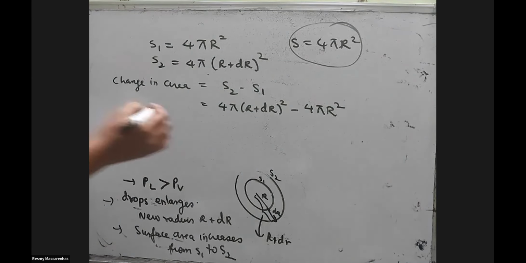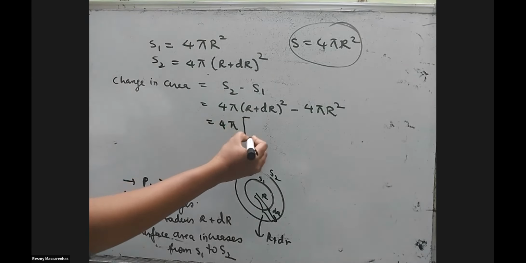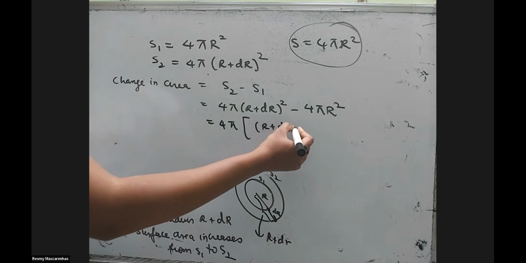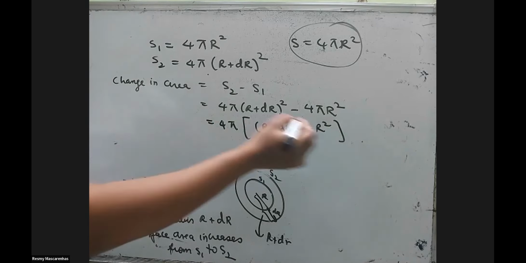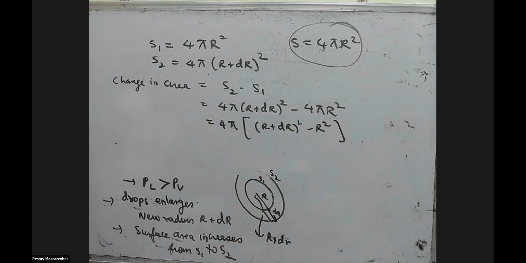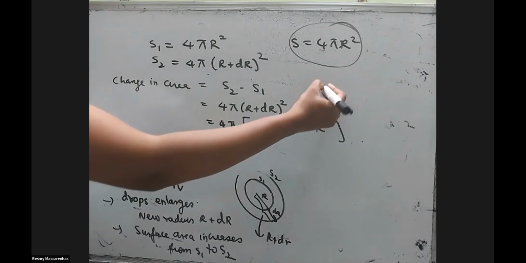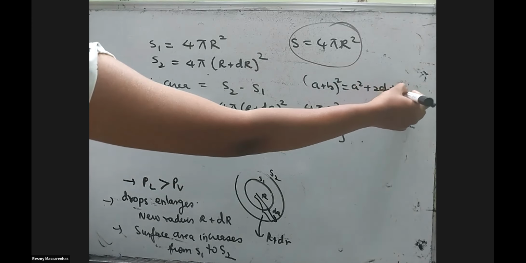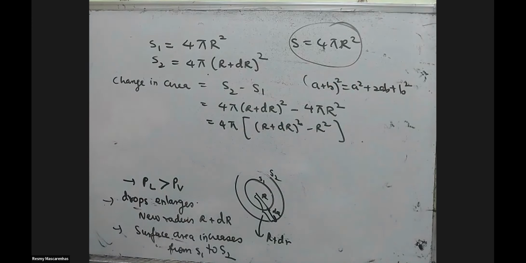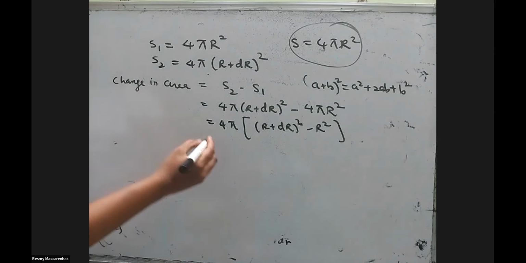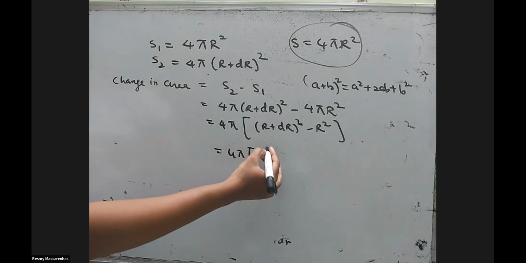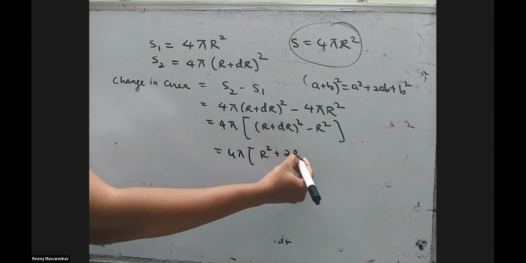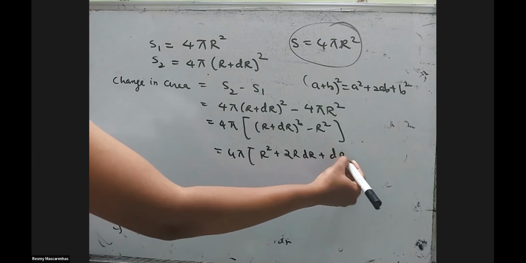We'll take 4 pi common. Now use the (a plus b) whole square formula. We know that (a plus b) whole square is a square plus 2ab plus b square.